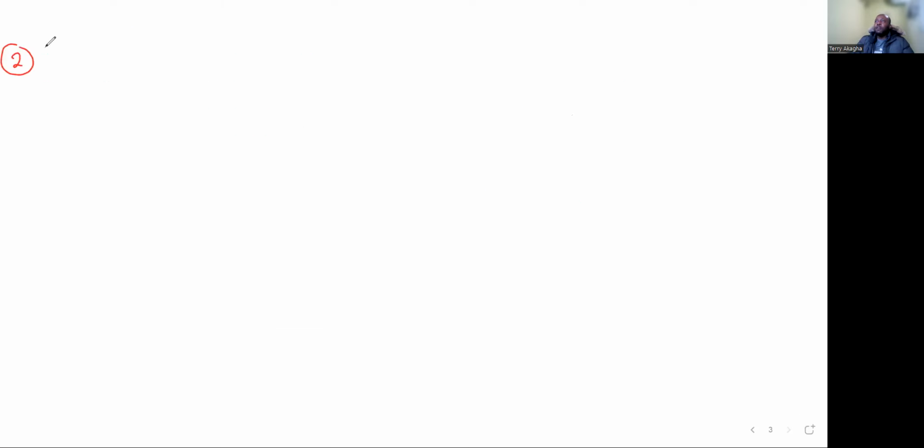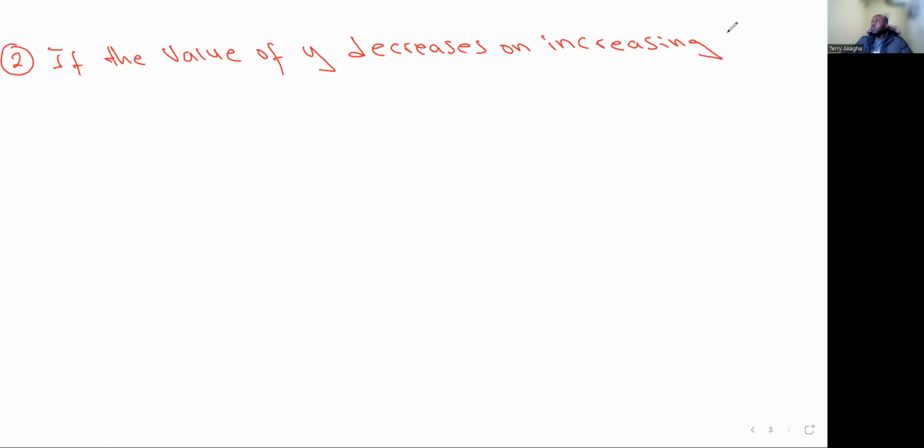If the value of y decreases on increasing the value of x, then the function is known as a decreasing function.